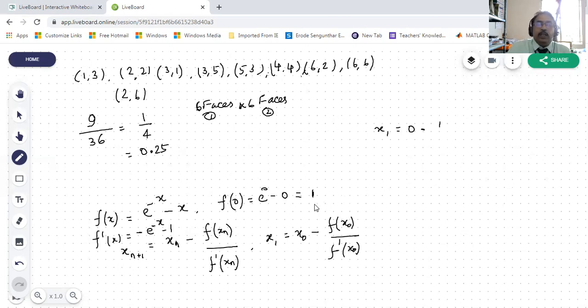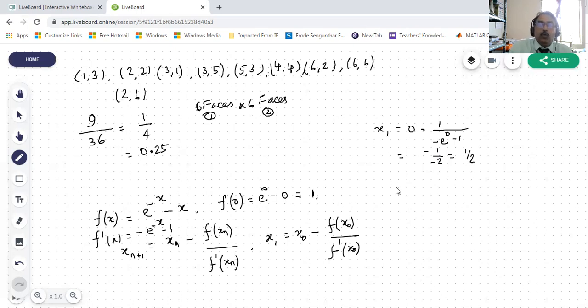So f dash of 0 is minus e power 0 minus 1, that is minus 2. So x1 is 0 minus 1 divided by minus 2, that is 1 by 2.